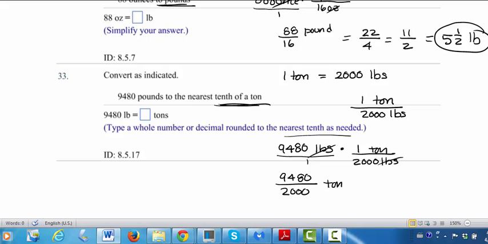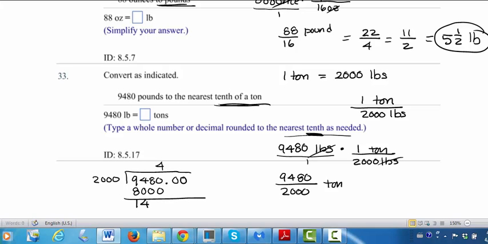So I'm just going to go ahead and do my math here. 2,000 into 9,480. And now since it says to round to the nearest tenth, I need to go out to the hundredths place. I always need to go out to one place beyond where I'm going to round. So 2,000 goes into 9,000 4 times, gives me 8,000.